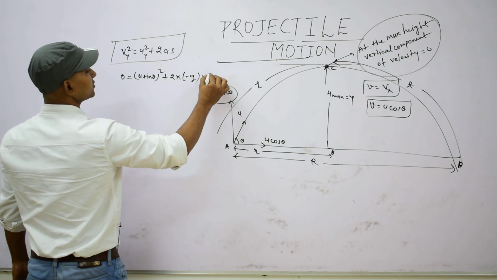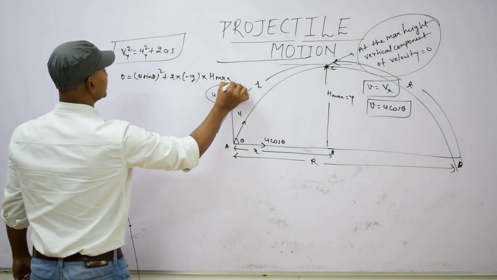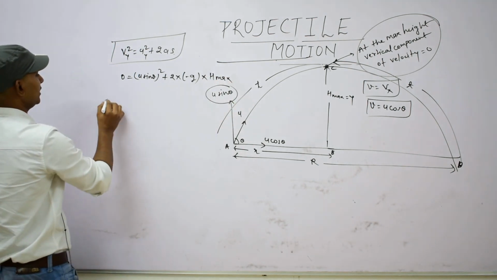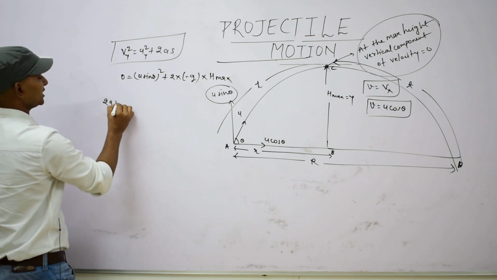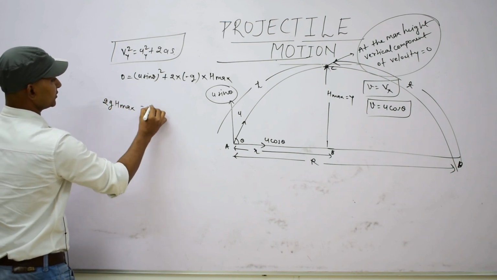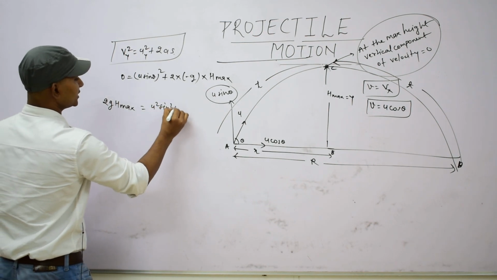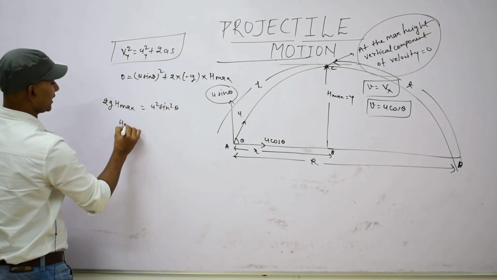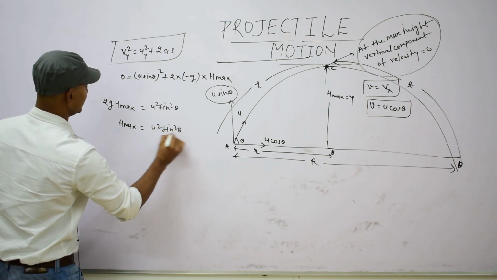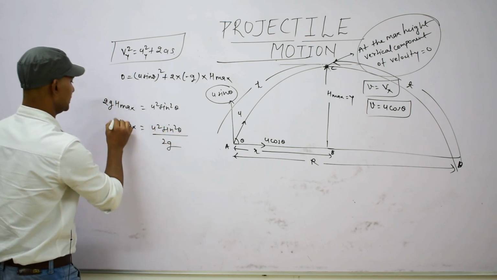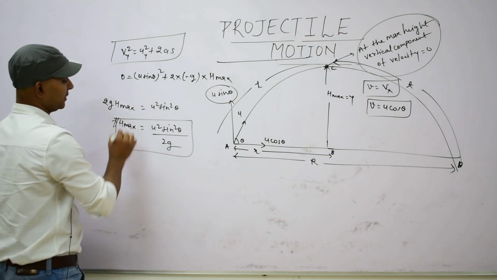So here in place of s I can put h max. Okay, now just solve it. You will get the value 2g h max is equal to u square sin square theta. From here you can get the value of h max, that will be equal to u square sin square theta upon 2g.